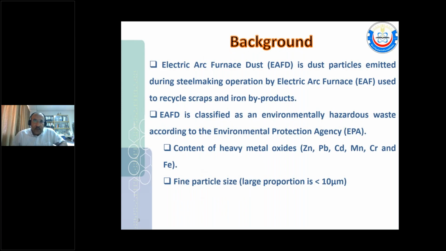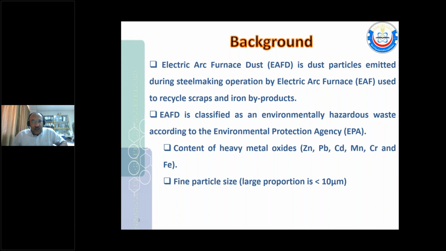So electric arc furnace dust is particulate material produced as a waste byproduct during the smelting of steel in electric arc furnaces. There we use recycled scraps, galvanized steel, etc., all waste steel and iron byproducts.